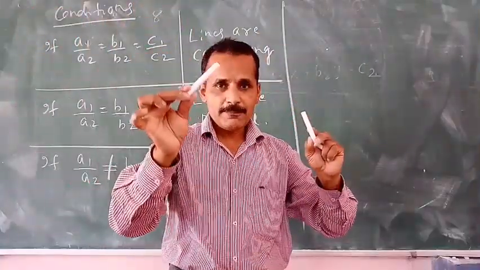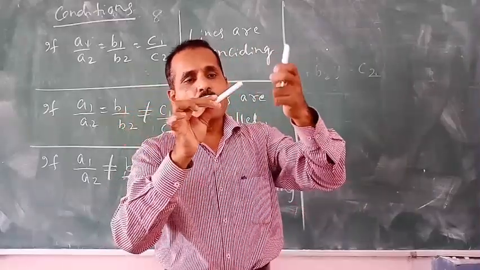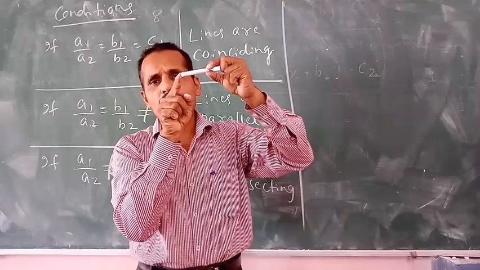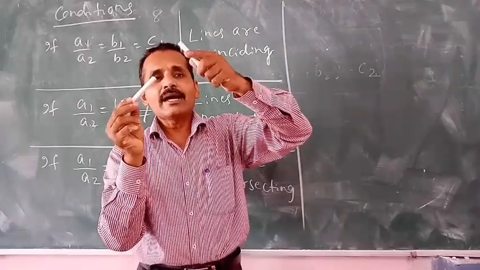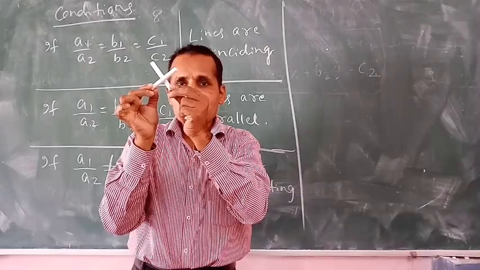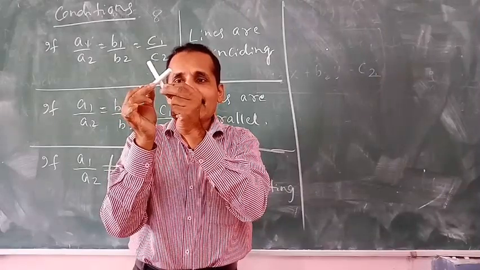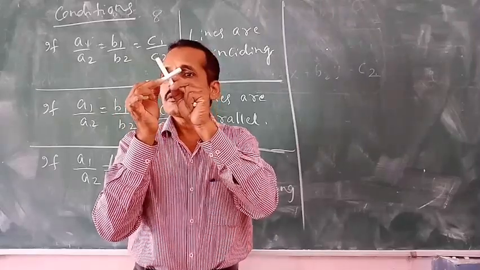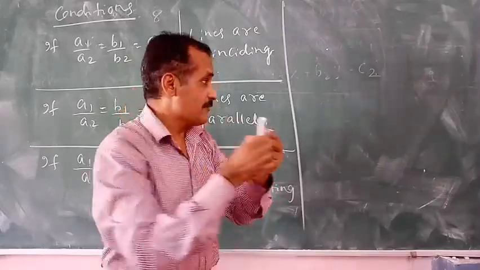On the first line there may be so many solutions, and there are so many solutions for the second equation. Somewhere they will meet. That point is the common point for both the lines.